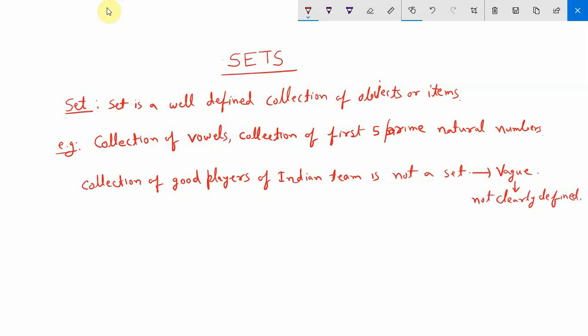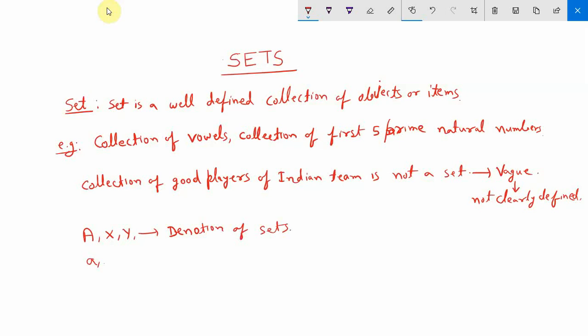So the items of the set, we call them elements of the set. Okay, so we denote sets by capital letters like A, X, Y. So elements, how we identify?